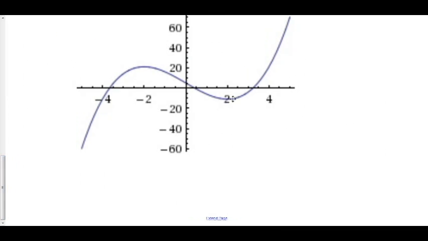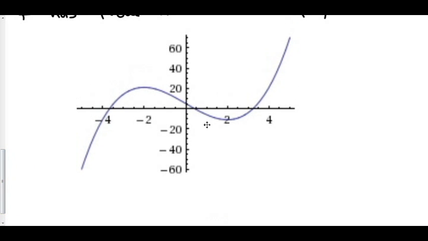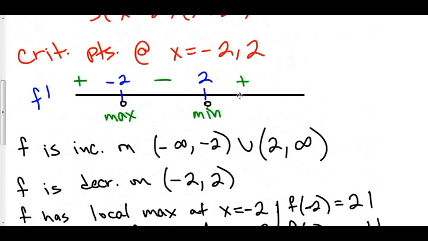And finally, f is increasing from positive 2 to infinity. Now it also looks like we have a local max at x equals negative 2, and we found it to be positive 21. And we have a local min at x equals positive 2, and it looks like it's, in fact, negative 11. So all of this we got from one line graph right here based on the first derivative.